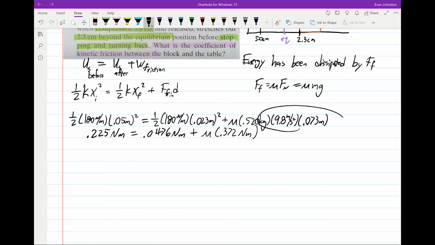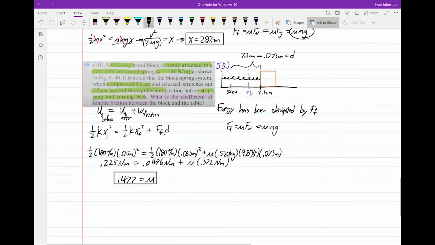That's what all these units become. Now I can subtract this term to the left side, then divide by the number stuck to my mu, and I end up getting 0.477 as our coefficient of friction.